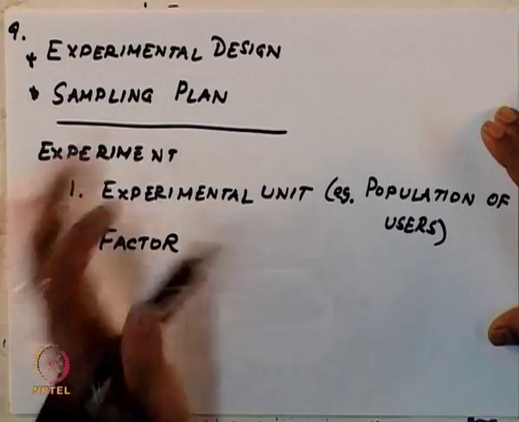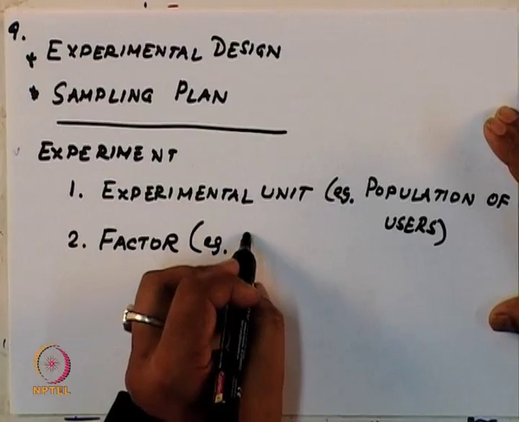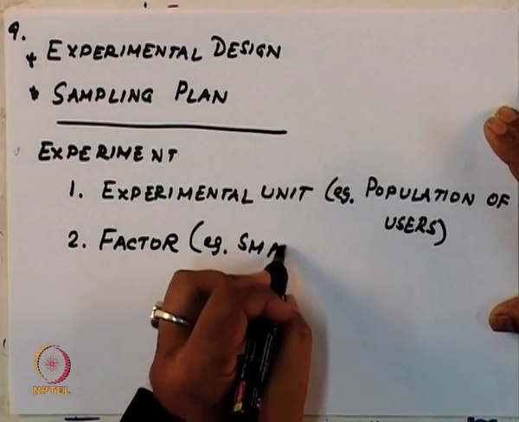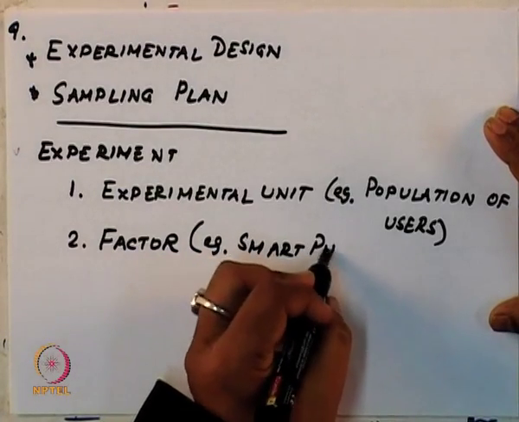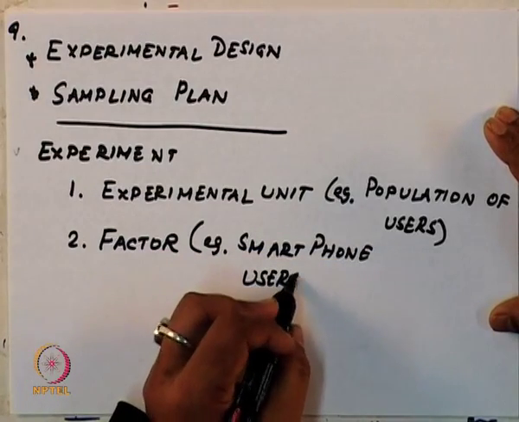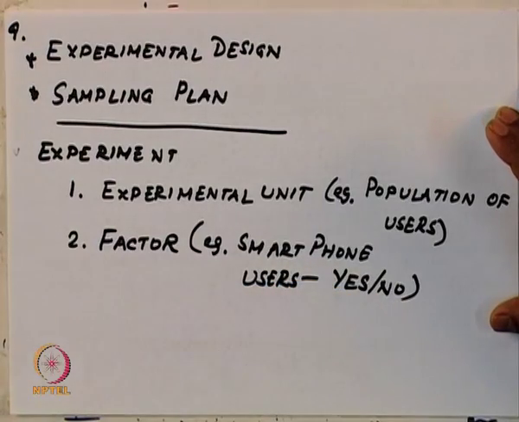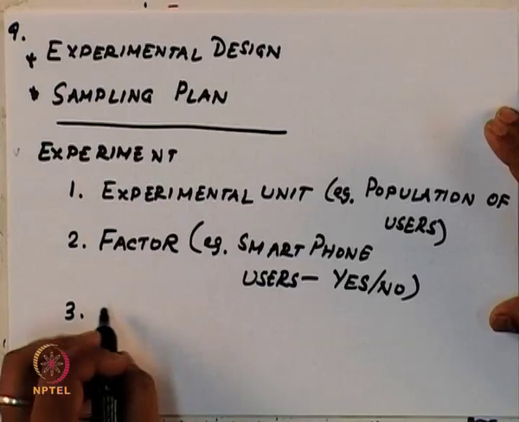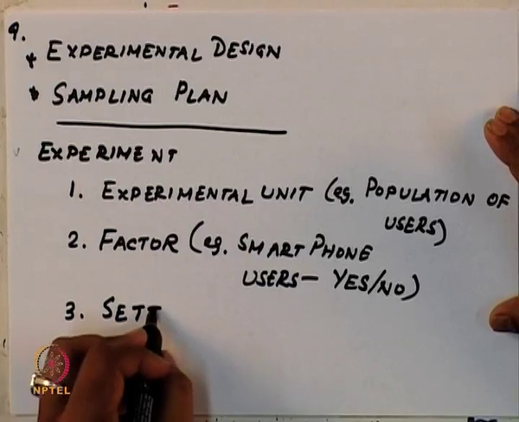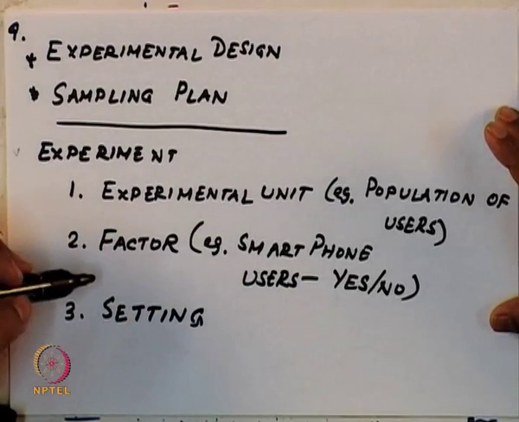In the example that we discussed, the factor can be whether they are smartphone users or not, yes or no. Then you will have a setting. Setting is a value or the intensity scale of the factor.